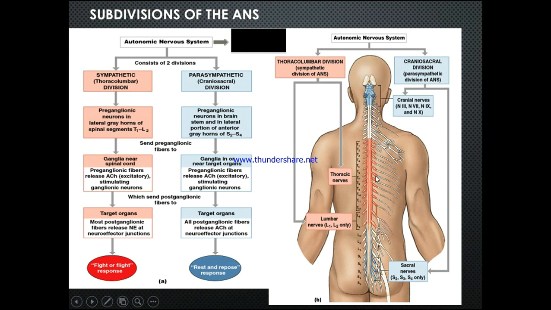It's also going to give off various other branches all the way down. There's an axonal body communication. Then we have the other part, which is from S2, 3 and 4. So the entirety of the parasympathetic is S2, 3 and 4 from down below, and from the cranium and the vagus nerve up above.